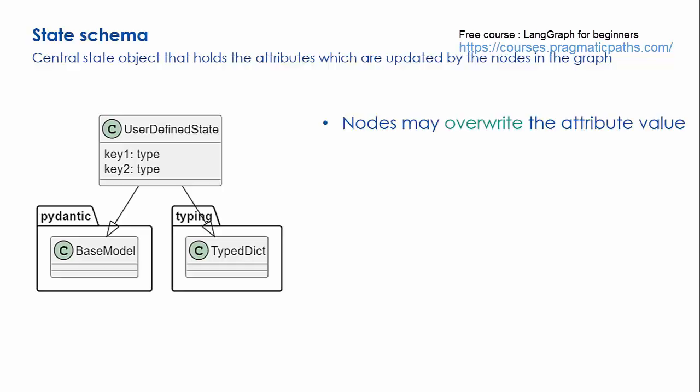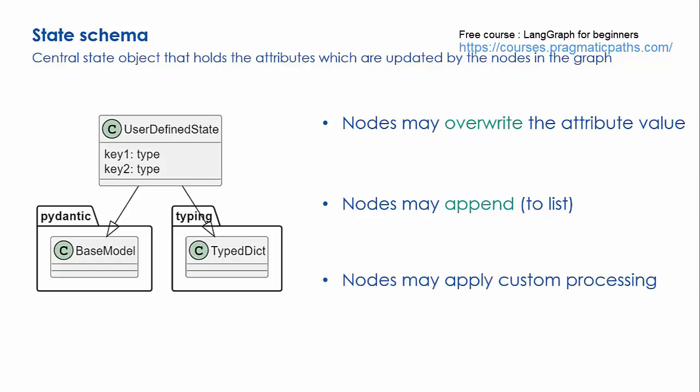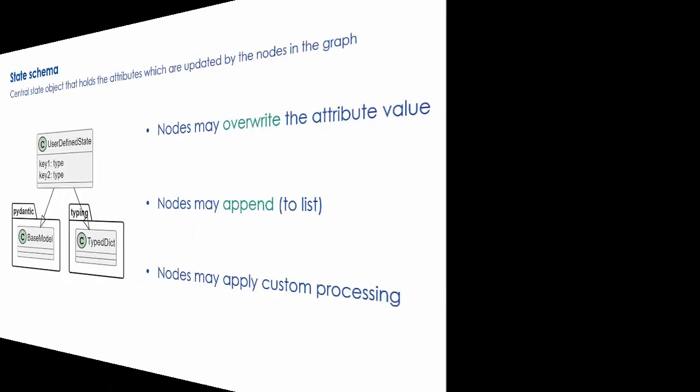Nodes can override the attribute value. Nodes can append to a list attribute instead of overwriting. For example, a conversation history attribute will hold the list of messages, and nodes can append messages to this list. A node may apply any kind of custom processing logic to the state attributes.